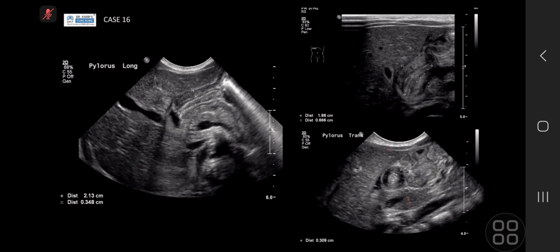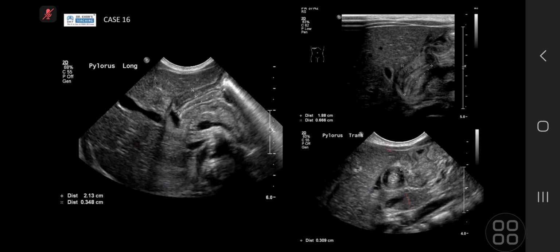Okay. I have 3 images of ultrasound abdomen showing the pyloric canal. There is a measurement in the left one. I see the thickness of the pyloric wall about 0.34, 34 millimeter.